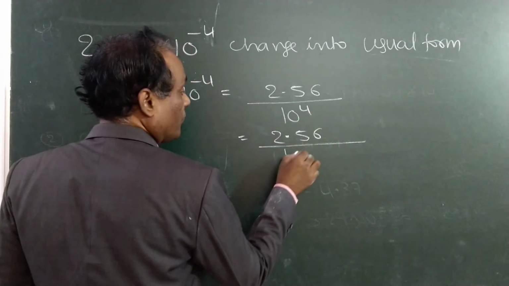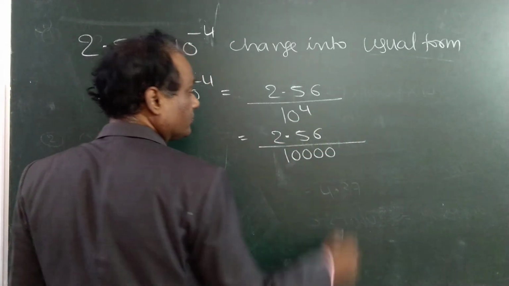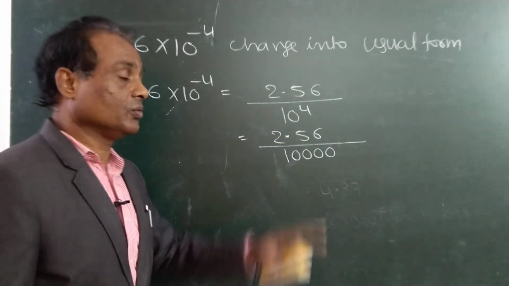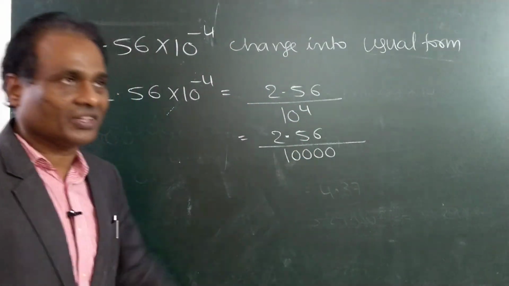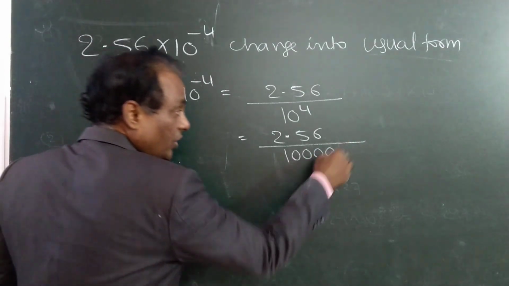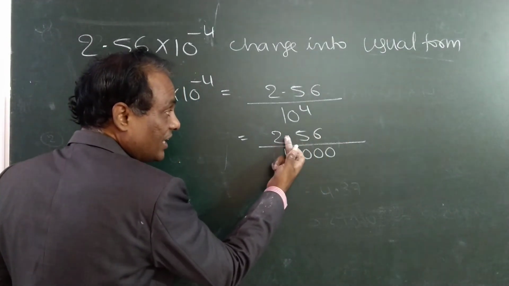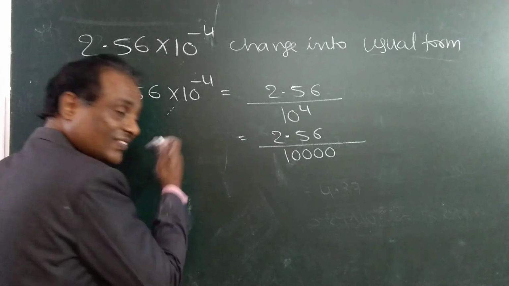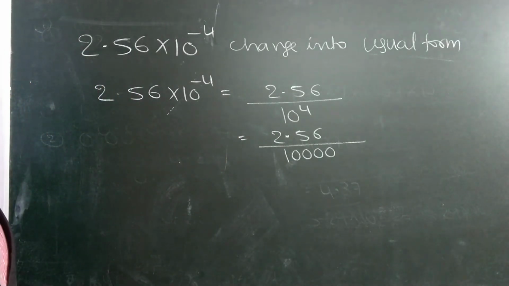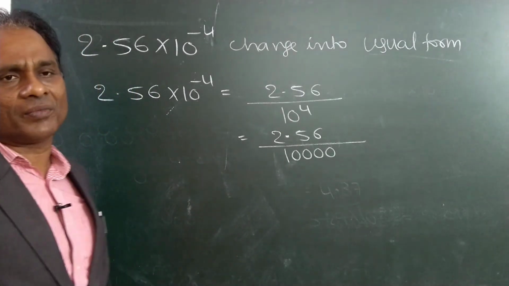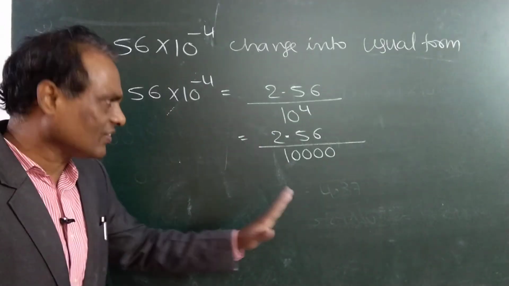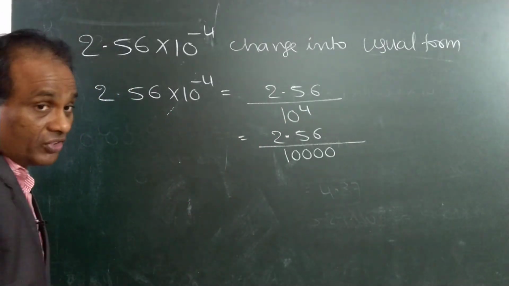So 10 to the power of 4 is 4 zeros. 10 to the power of minus 4 is 10 to the power of plus 4, so 4 zeros. If you remove 4 zeros, the decimal will change 4 digits this side. Or to avoid the confusion, you remove the decimal and again we can keep the decimal. That is one thing. Or as it is also we can change the decimal position.